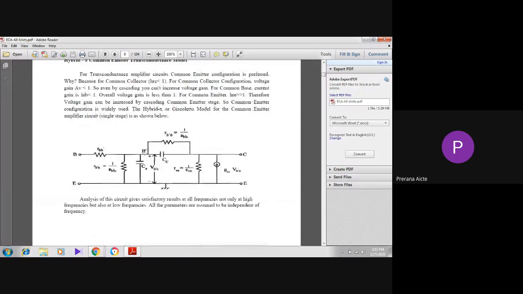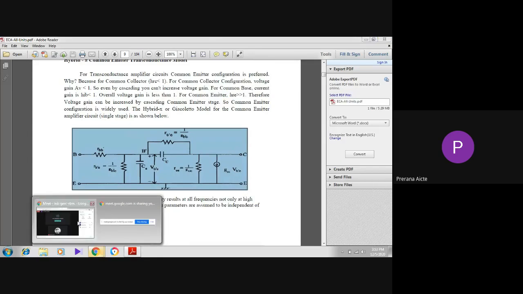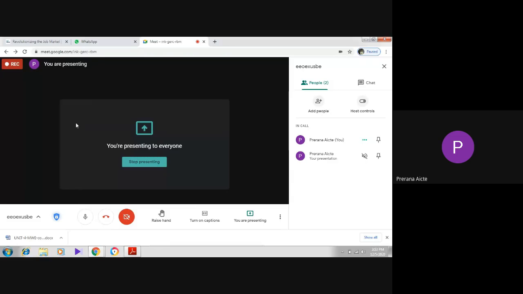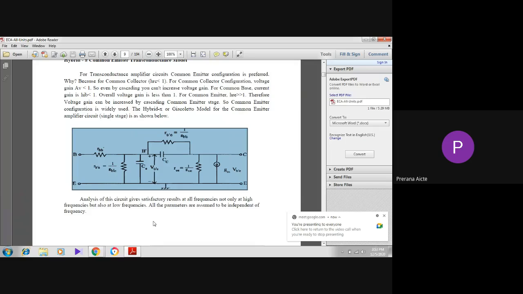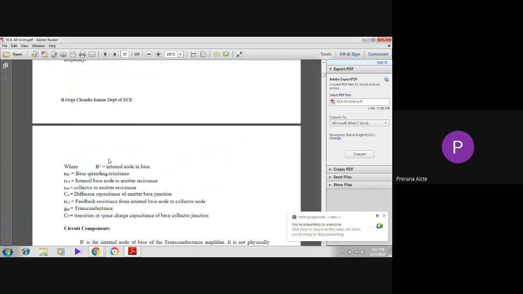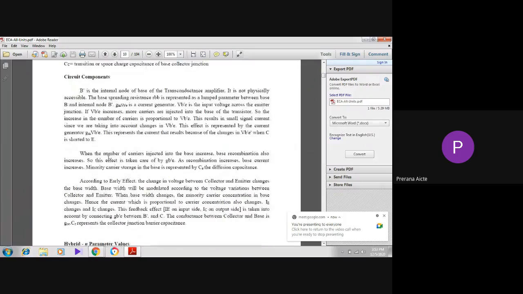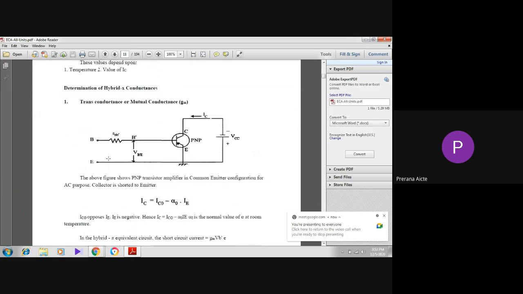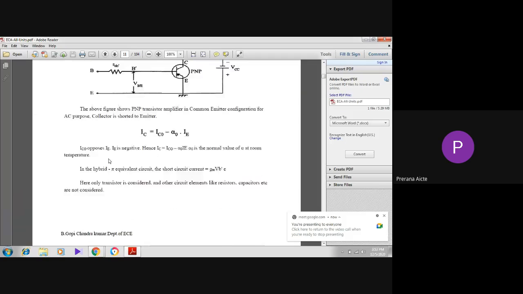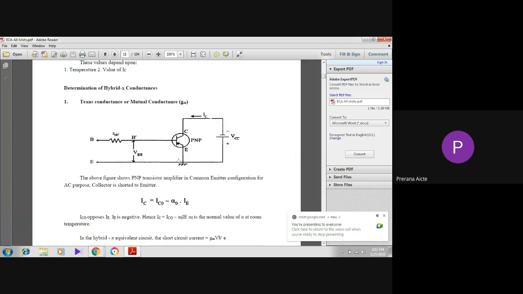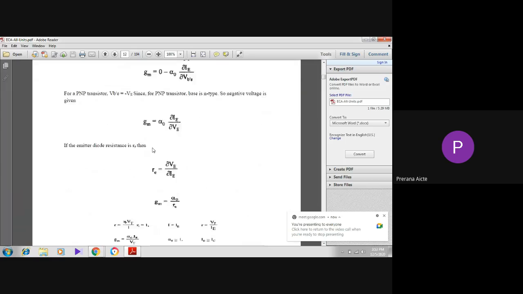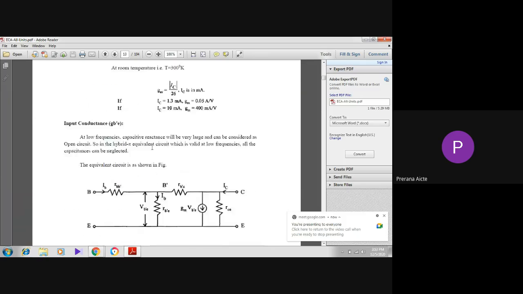At high frequencies we can use this hybrid pi model. These are the different components: rbb' standard values, hybrid conductance values, collector current, transconductance value, formulas, and standard values.